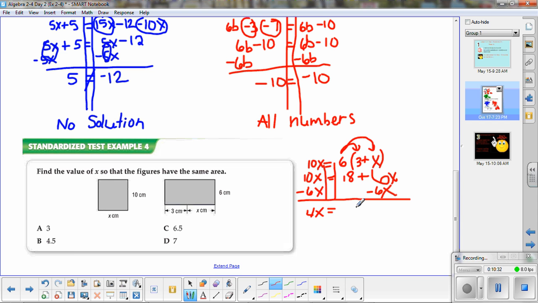And over here we end up with 18. Divide both sides by 4 now to get 1x. X is going to equal, let's see, 4 goes into 18 4 times with 2 left over. So 4 2/4 or 4 1/2. The correct answer is B.